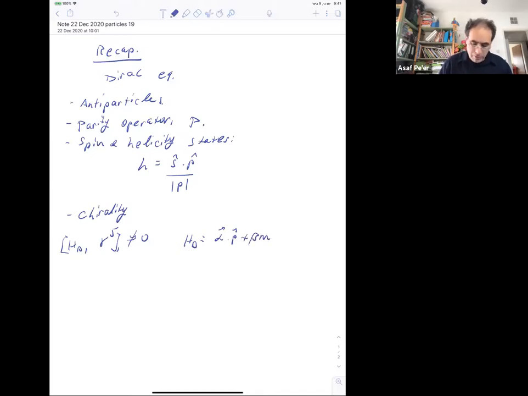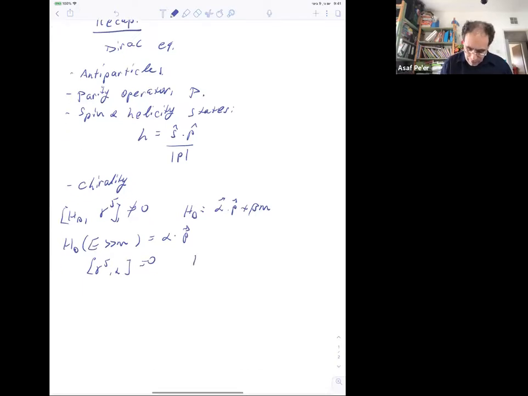Then you see that when E is much greater than m, so when the particle travels at velocities close to the speed of light, then H_D in this case is alpha dot p. And this does commute with gamma 5, because the commutator of gamma 5 and alpha is equal to 0, and so the commutator of H_D and gamma 5 is equal to 0. But the commutator of gamma 5 and beta is not 0.